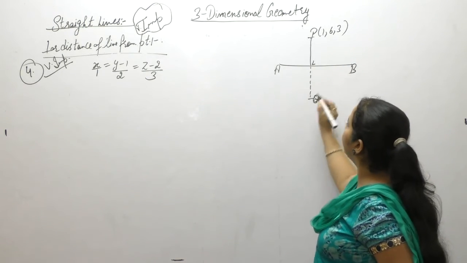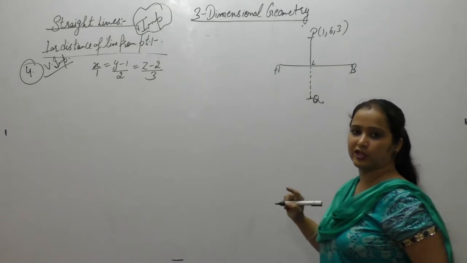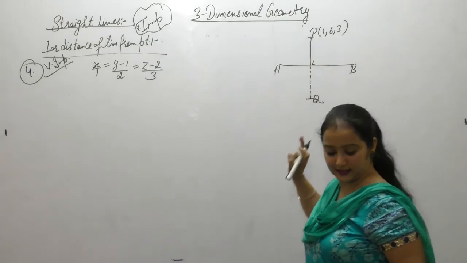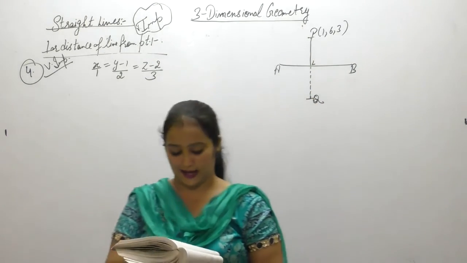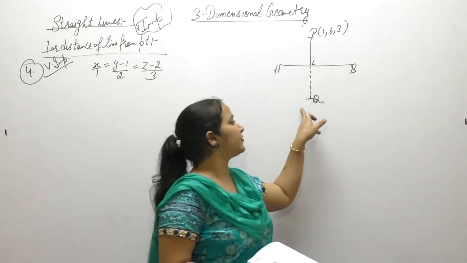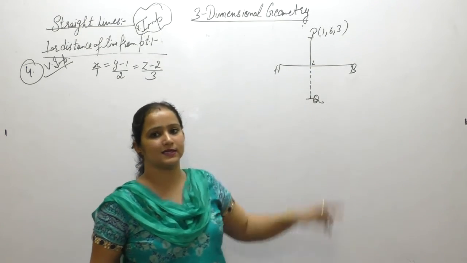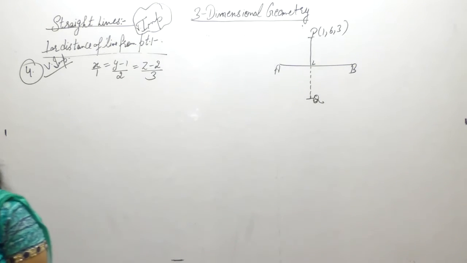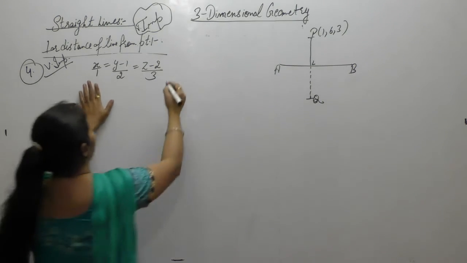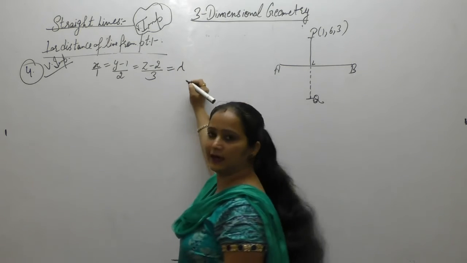After that we have to write the equation of PQ. Equation of line joining the point and its image, and find the length of segment joining the given point and its image. After that, we have to find the distance PQ. So let us start. First, let the given equation be equal to lambda.